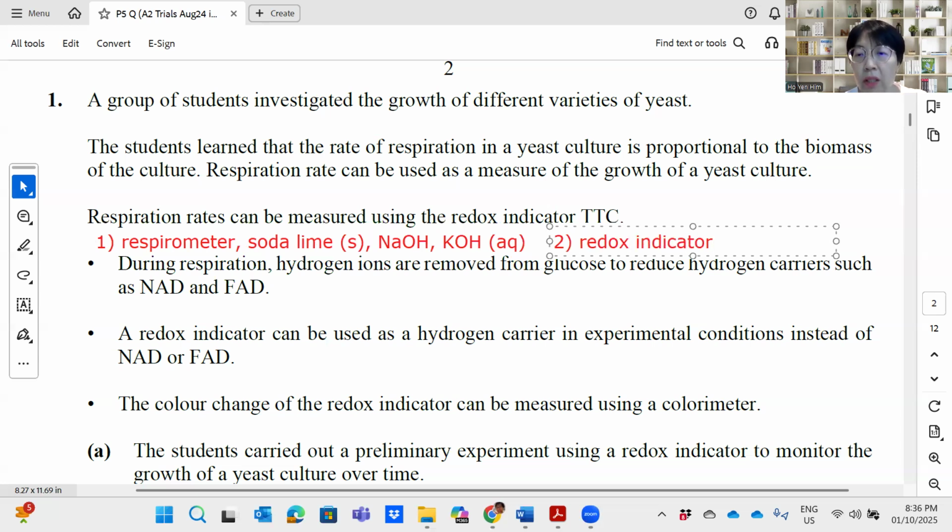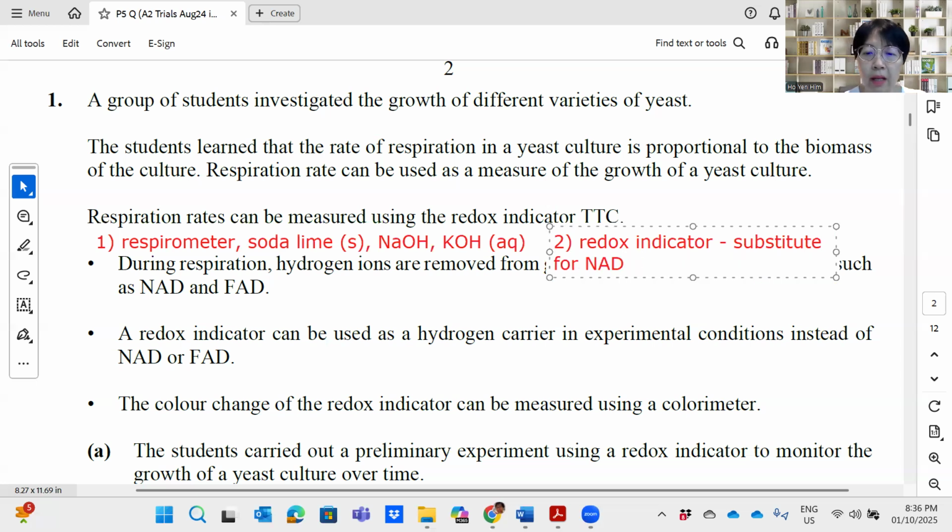So a redox indicator is actually a substitute for NAD and FAD. We know that in respiration, NAD and FAD act as hydrogen carriers.